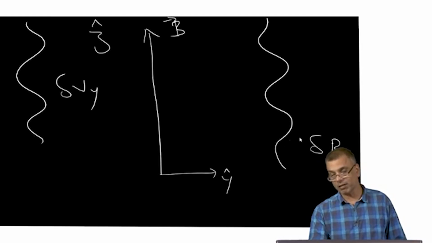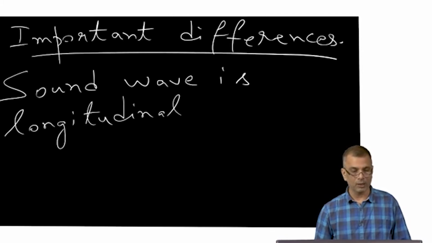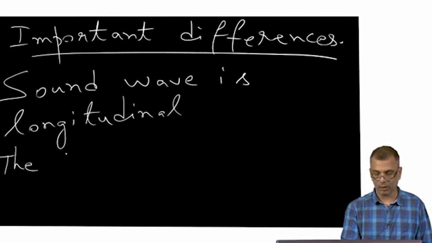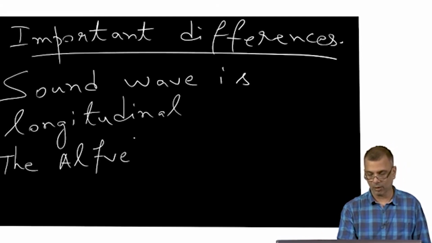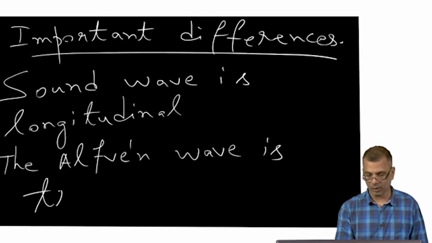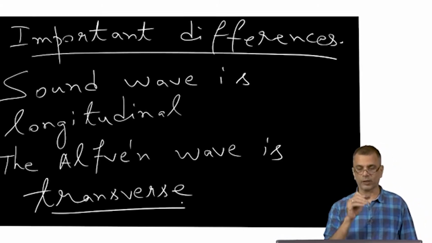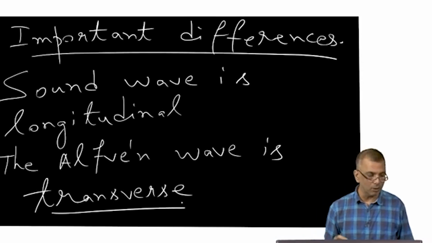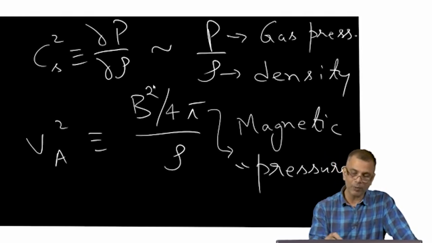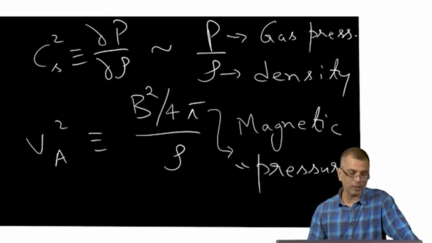But the perturbations are transverse. You see, the perturbations are in the y direction. So the Alfven wave is transverse. This is one very important difference between the sound wave and the Alfven wave, although the expressions for the sound speed and the Alfven speed look quite similar, simply with the magnetic pressure replacing the gas pressure. But the nature of the waves is quite different.